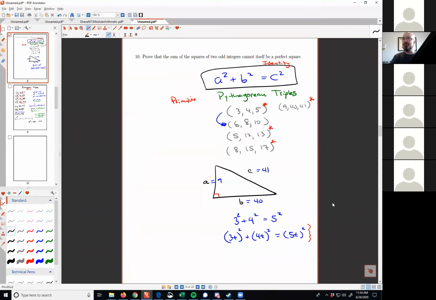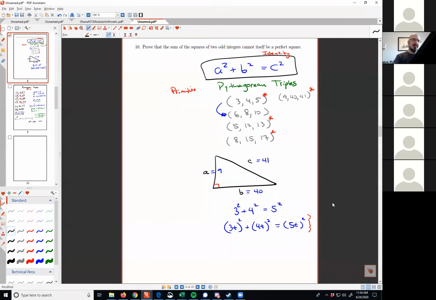Oh no, we weren't proving that, excuse me. I kind of made that leap myself, but that wasn't really what we were doing. I just related that problem to Pythagorean triples in a different way.